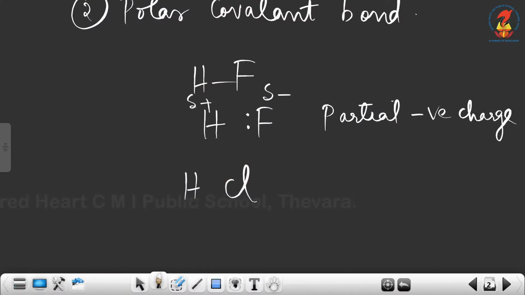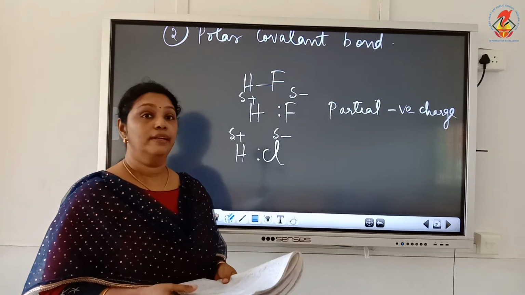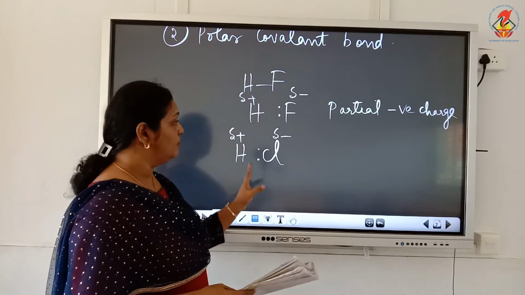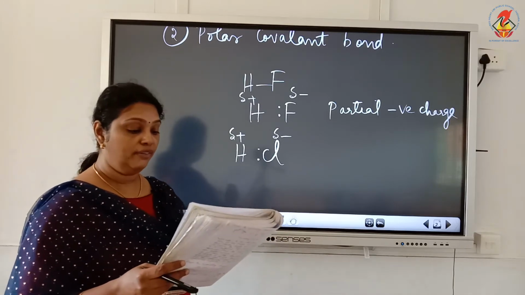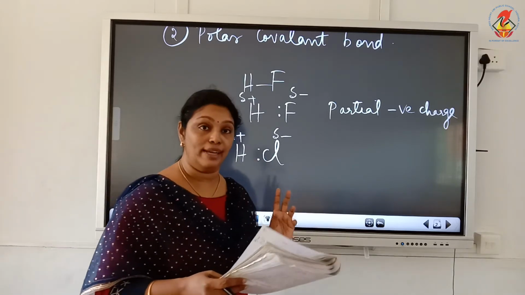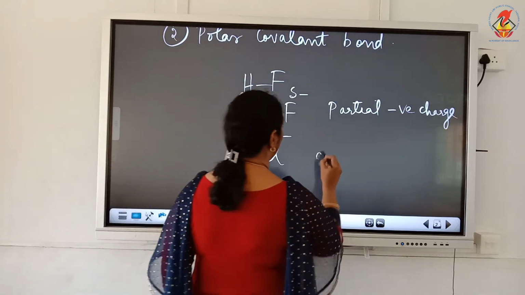Chlorine is more electronegative, so the bonded electrons will be more towards chlorine. As a result, chlorine gets a partial negative charge and hydrogen gets a partial positive charge. Now we say that this molecule is polar in nature, or polarized, and as a result of polarization, this molecule possesses a dipole moment.